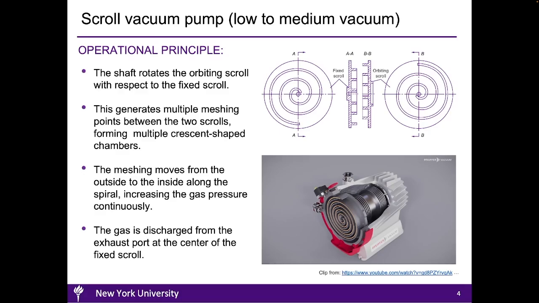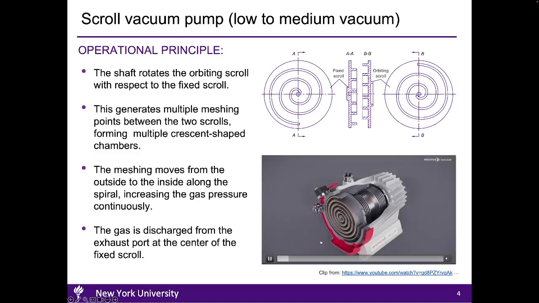The scroll vacuum pumps typically consist of two main spiral-shaped components, referred to as scrolls, where one scroll is fixed and the other one is rotating with respect to the fixed scroll. This short movie here illustrates the operating mechanism.